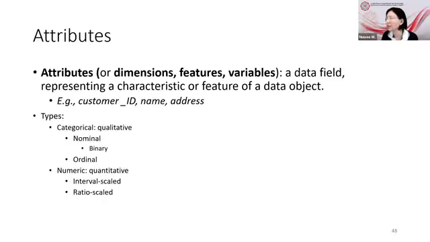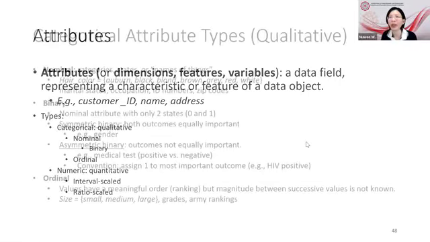We can categorize attributes in many ways. One way is to categorize them into categorical attribute type and numerical attribute type. So categorical is qualitative and numerical is quantitative. So let's see each of these.